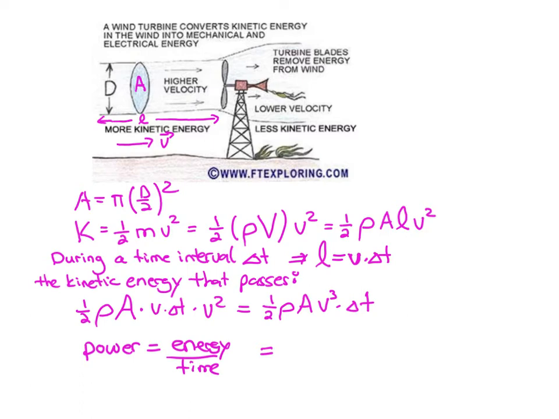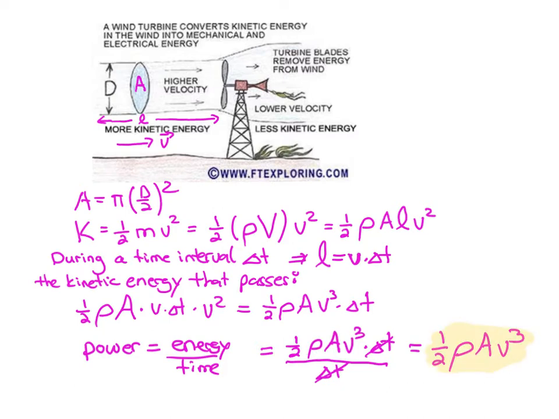And when I do that, clearly the delta t's are going to cancel. So what do we get? We have this 1/2 rho A v cubed times delta t divided by the time interval delta t. These delta t's cancel, and I have this final result that the power contained in the passing wind is 1/2 rho A v cubed. And that's an important result.